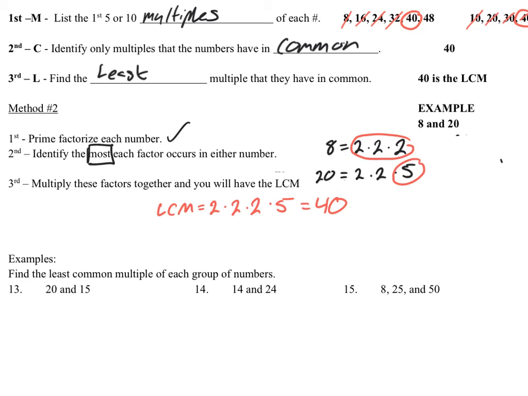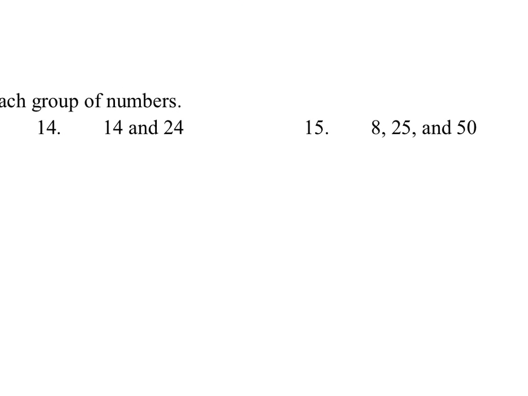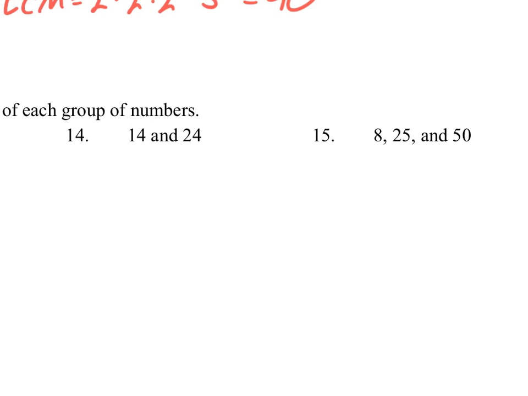So let's try this out on a few more examples. We're going to look at these two examples down here. Again, we're first going to find the prime factorization of these numbers. We're going to look at 14 and 24. Once you find your prime factorizations, you want to go through the prime numbers and identify the most of each number.